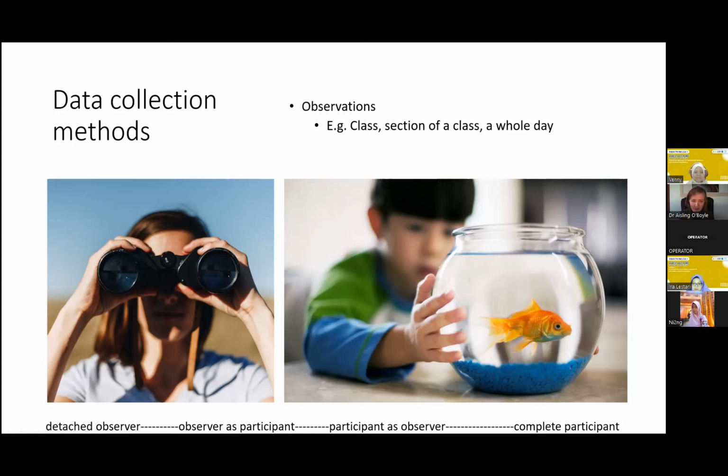So on the far end, we've got this woman here with the binoculars. So you're observing from a distance. You are a detached observer. In a classroom context, this very often looks like the person who's standing at the back of the class or sitting down at the back of the class.